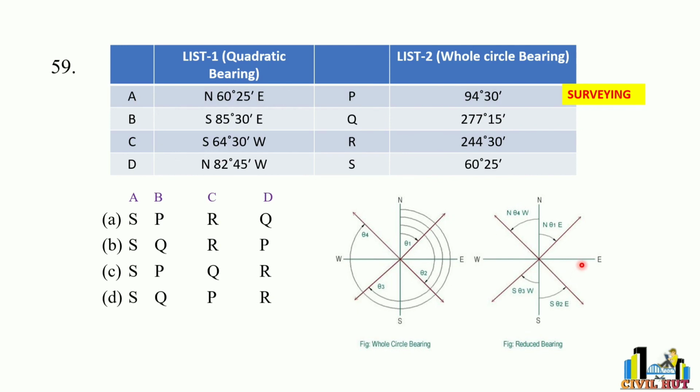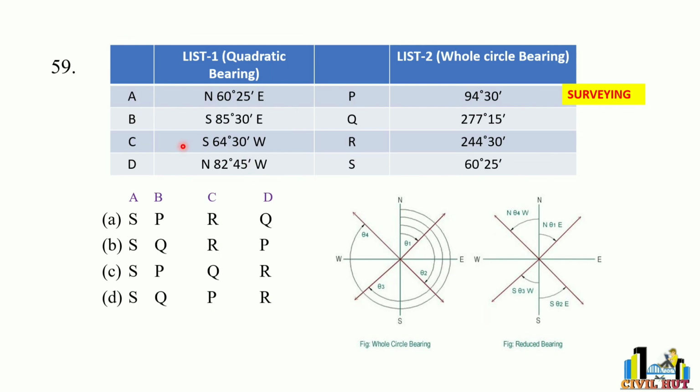This means 90 minus 85 degrees 30 minutes, which is 4 degrees 30 minutes. And this is 90 degrees, so 90 plus 4 degrees 30 minutes is 94 degrees 30 minutes. B matches with P. Options A and C remain.